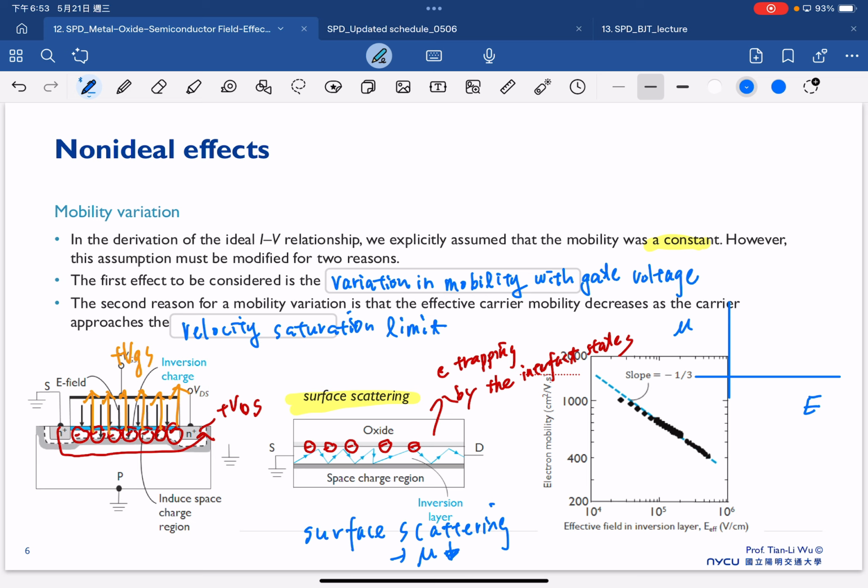In the beginning, we always consider that our mobility depends linearly on our electric field. However, once our electric field is high enough, we will start to see velocity saturation.